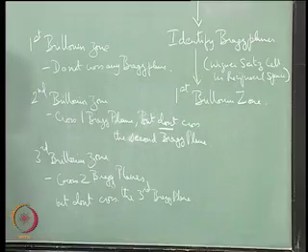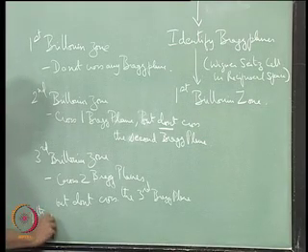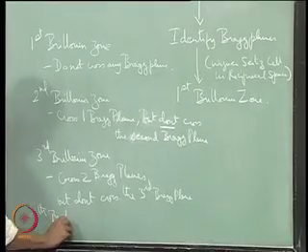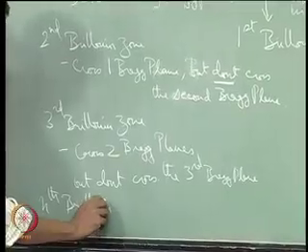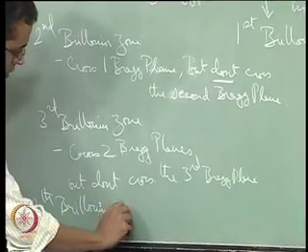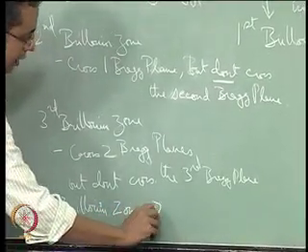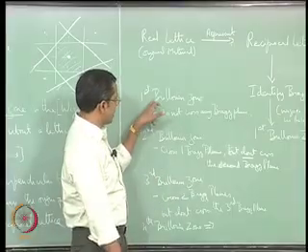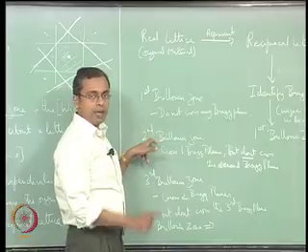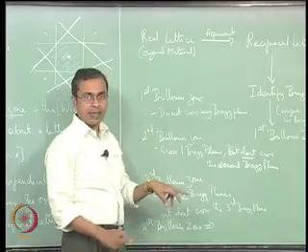So therefore in the most general sense, your nth Brillouin zone will imply that you have crossed n minus 1 Bragg planes, right. For the first one 0 Bragg planes, second one Bragg plane, third one 2 Bragg planes, and so on.